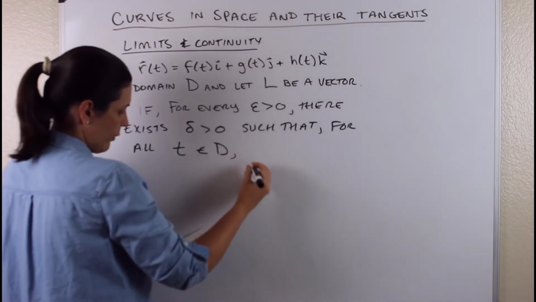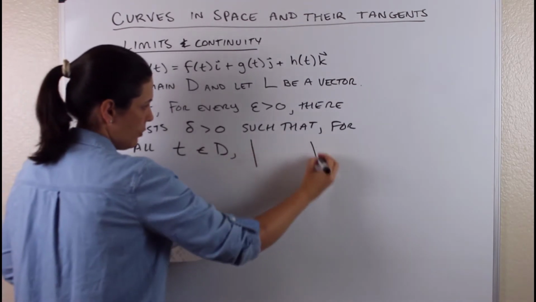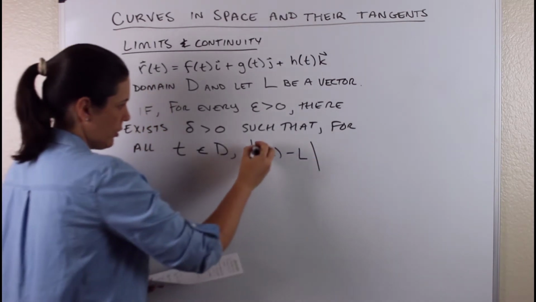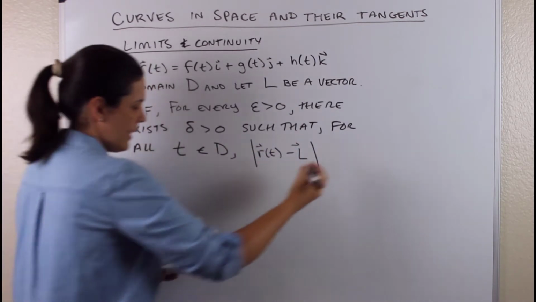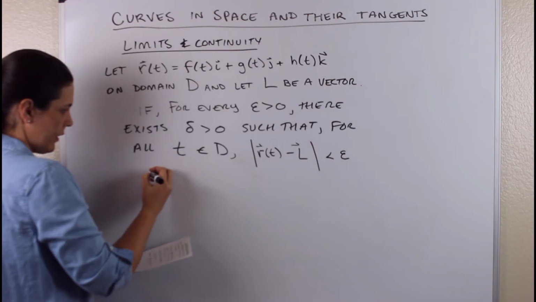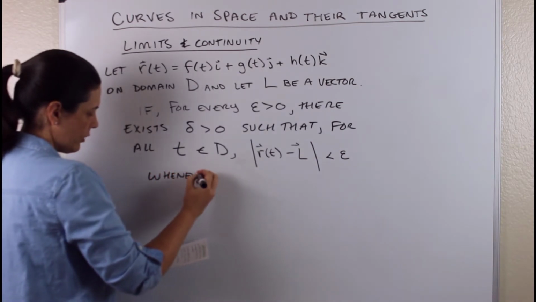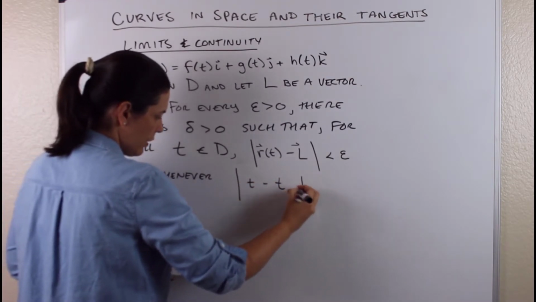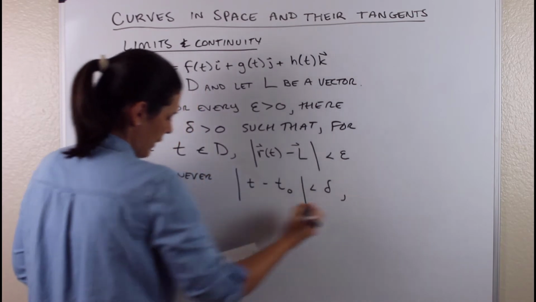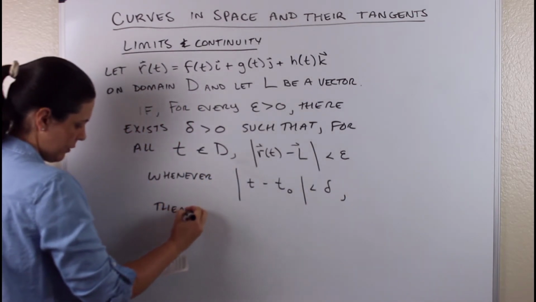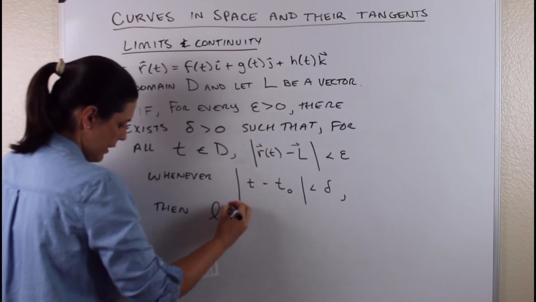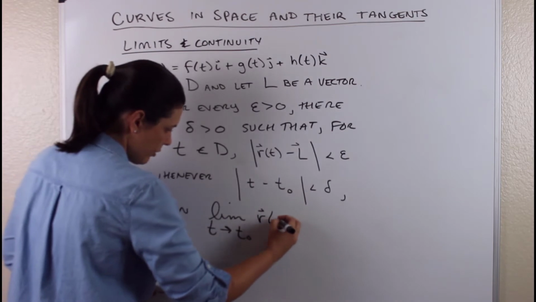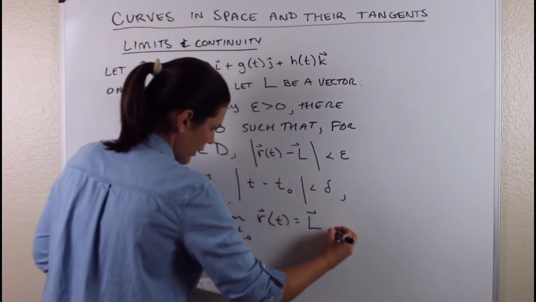So I'll explain it when we write it. So we have the absolute value of the difference from r of t to L. Okay, and these are both vectors. This is going to be less than epsilon. And this is going to be true whenever the distance or absolute value from t to t naught is less than delta. And then all of this combined means that the limit as t approaches t naught of our vector function, r of t, equals L.